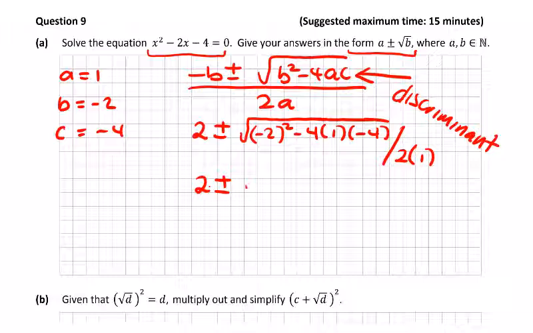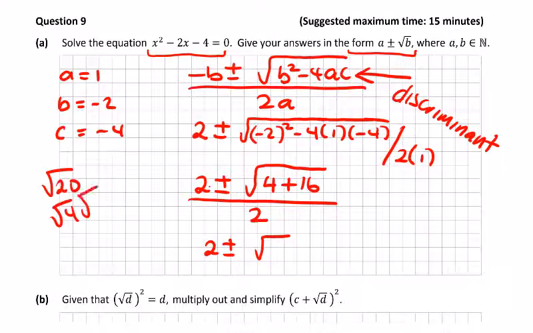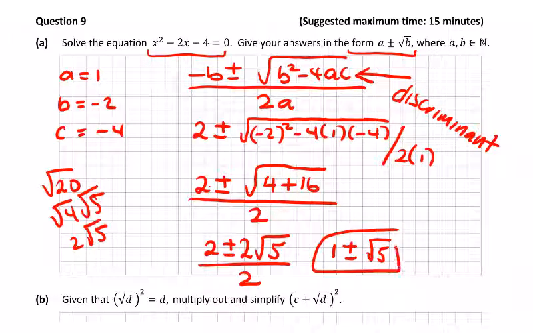Tidying this up, we get 2 plus or minus the square root of 4 plus 16 over 2, and this will give 2 plus or minus the square root of 20, which on your calculator will work out to be root 4 by root 5, 2 root 5. So let's just put that in. 2 plus or minus 2 root 5 is what your calculator will give over 2, and dividing 2 into the top, we're going to get 1 plus or minus just 1 root 5, or root 5 for this one.